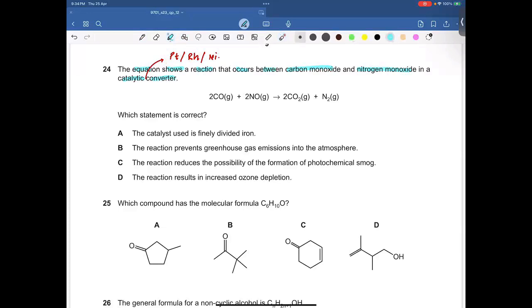Which statement is correct? The catalyst used is finely divided iron. Not at all, incorrect, because platinum and rhodium catalysts are used in a mesh form. All right. Iron is used in the Haber process, not in catalytic converter.